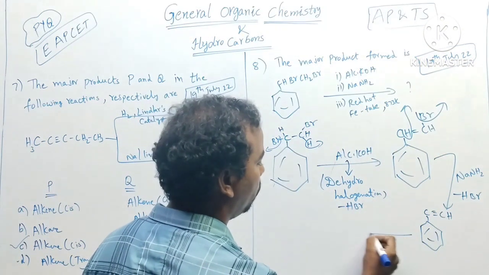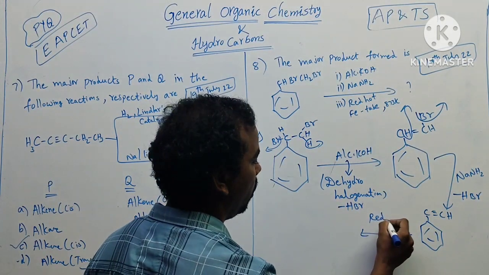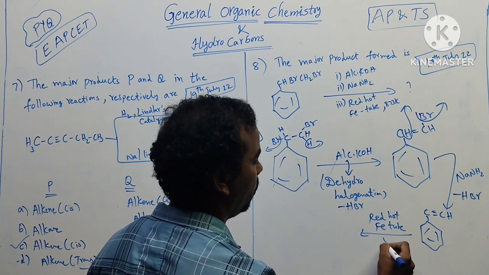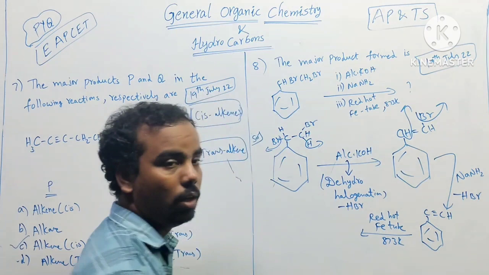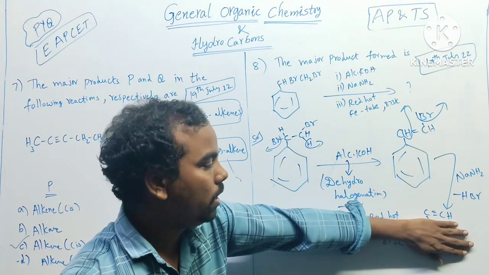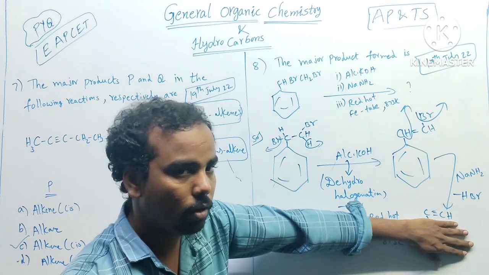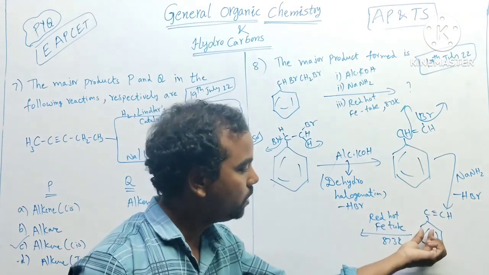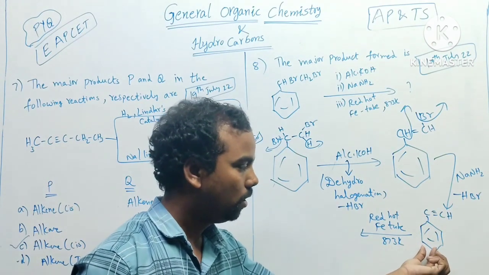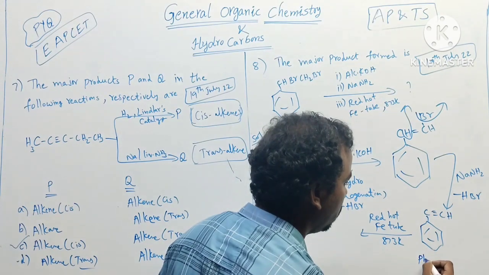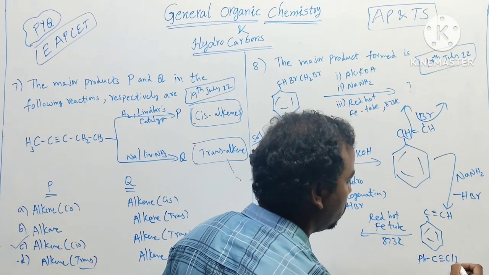Red hot iron tube. On heating in a red hot iron tube at 873 Kelvin, as I already explained, if acetylene is present, benzene is formed. If the benzene contains C triple bond CH, that means the substituent is Ph. The benzene ring can be written as Ph single bond C triple bond CH.